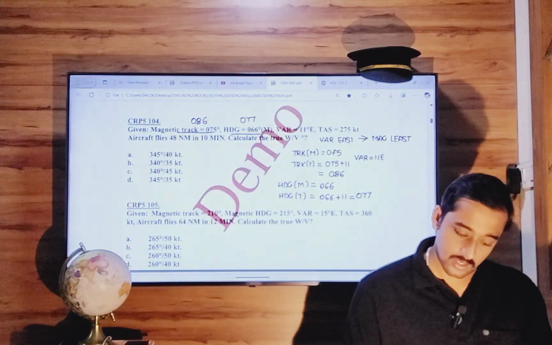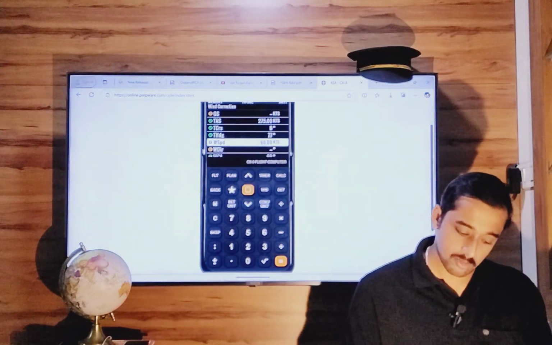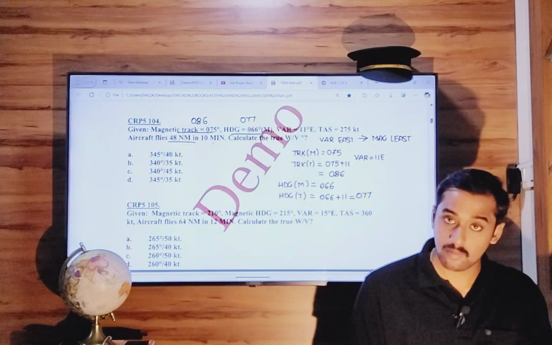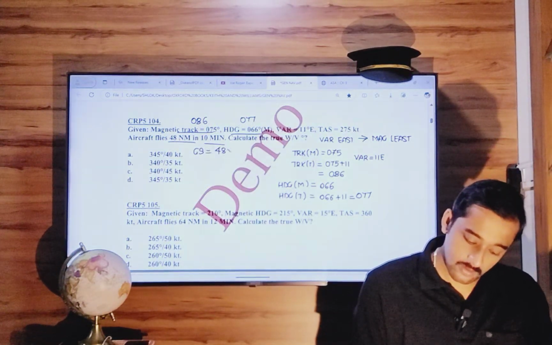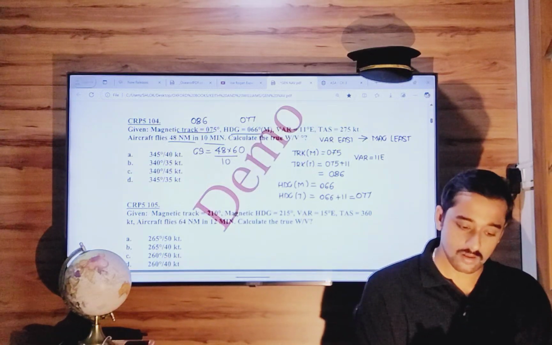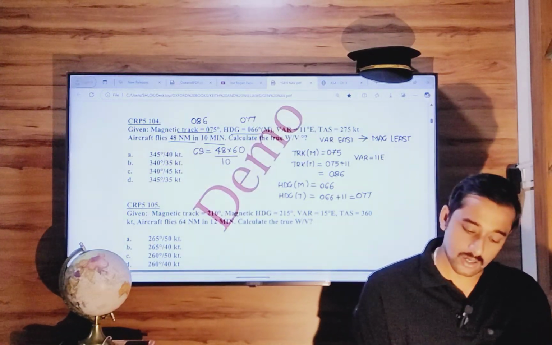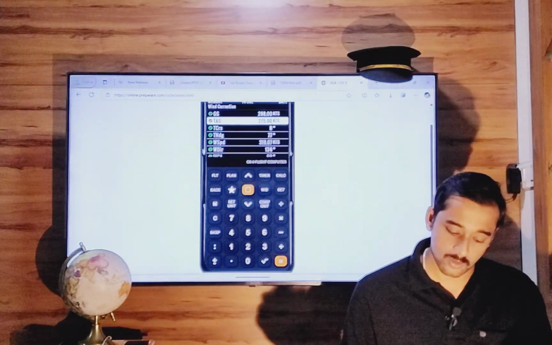Now ground speed. Aircraft flies 48 nautical miles in 10 minutes. This gives you a ground speed of 288 knots. So insert 288 in this option.